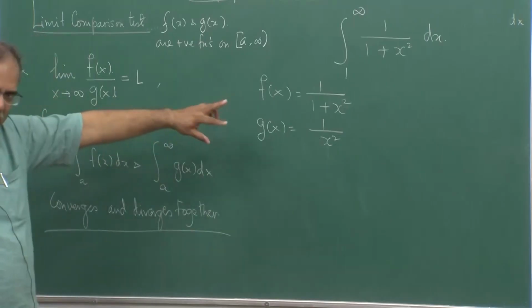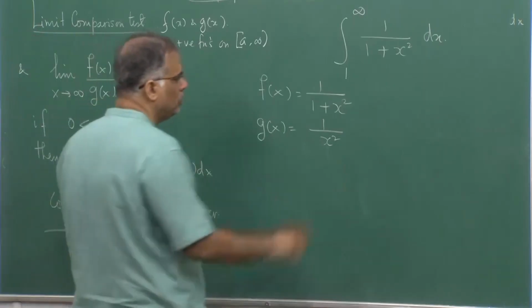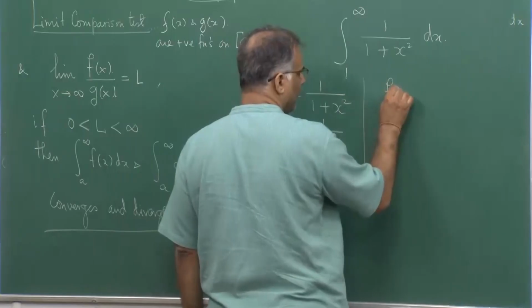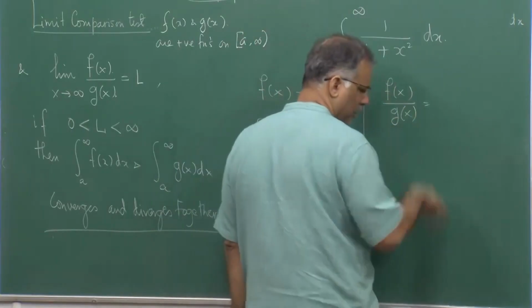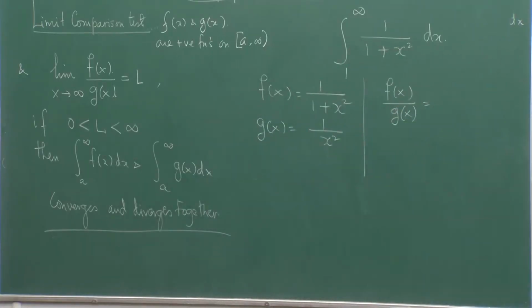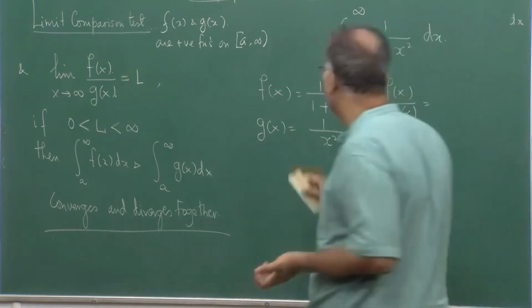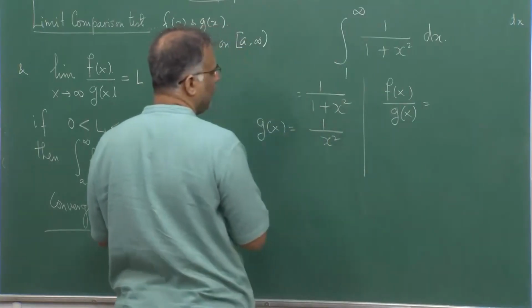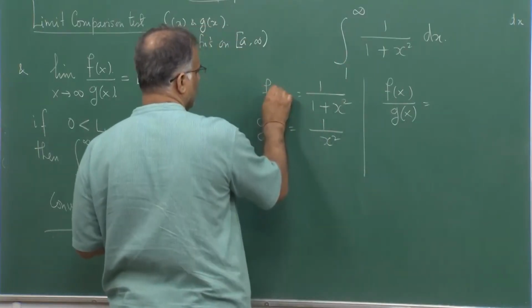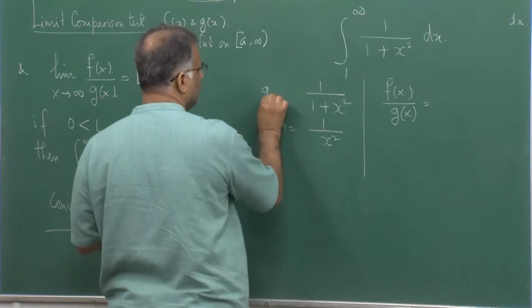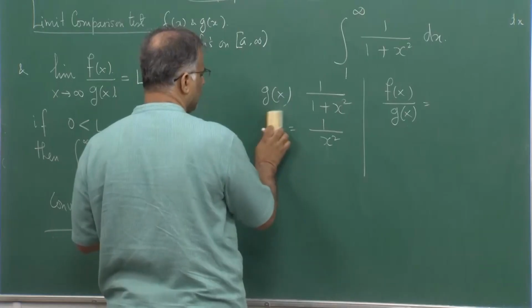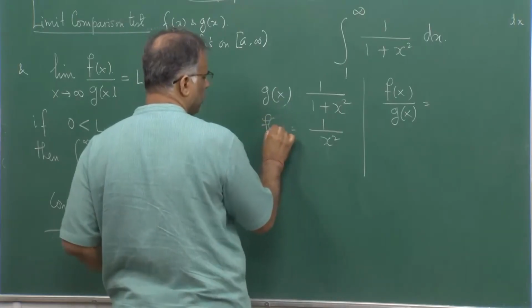Here of course you know the comparison, but suppose you do not even know, then you take f(x) by g(x). Maybe, as the book suggests, we should take this as g(x) and this as f(x). It does not matter, maybe some easier computation.